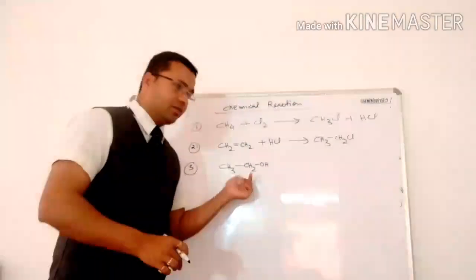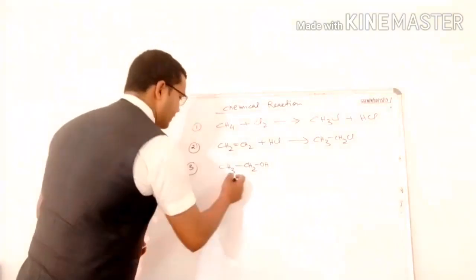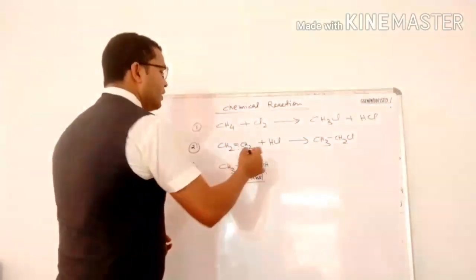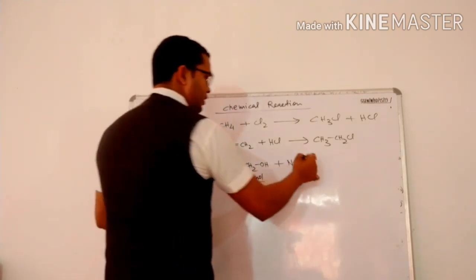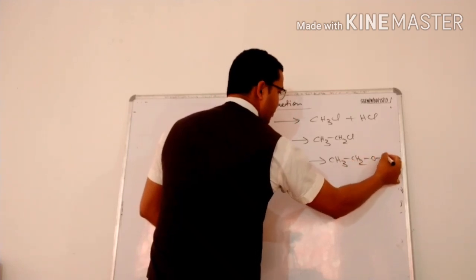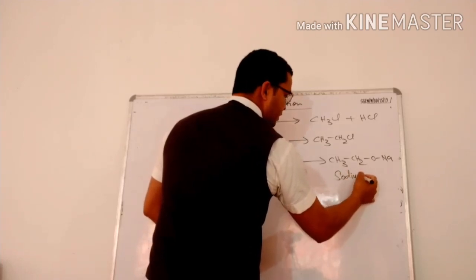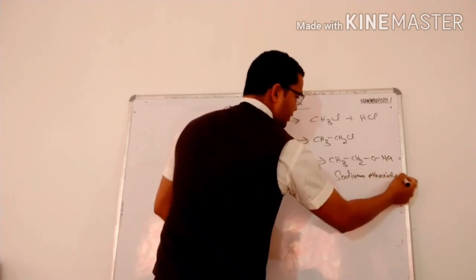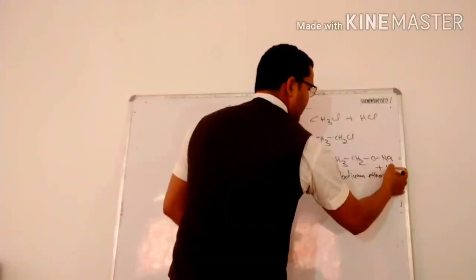So in the alcohol series, OH means alcohol. Two carbons, so it is ethanol. If ethanol reacts with sodium metal, this reaction is important, it gives CH3CH2ONa, which is called sodium ethoxide, and we also get hydrogen gas.